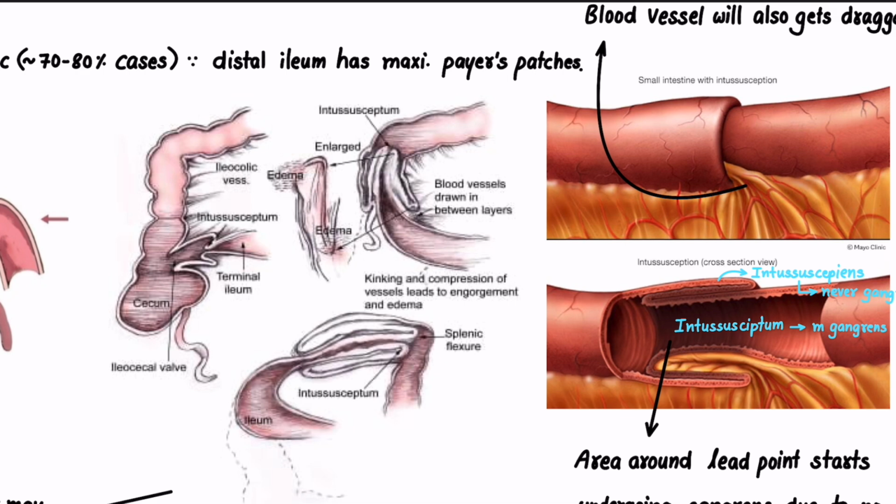So the part of the intestine which is invaginated will not have any blood supply because the blood vessel supplying it has got compressed at the point of invagination. So this part, or specifically the part which is close to the lead point, will not have any blood supply and will undergo gangrene formation over a period of time.